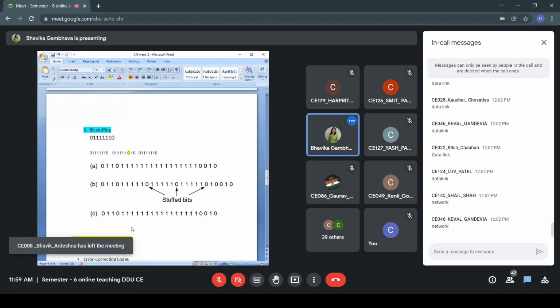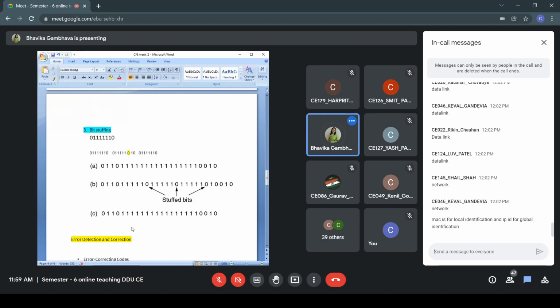Okay. So, is there anyone who would like to answer why we require IP address and why we require MAC address? You can unmute yourself and answer it. It might be difficult to type a longer answer, so you can unmute yourself and discuss.